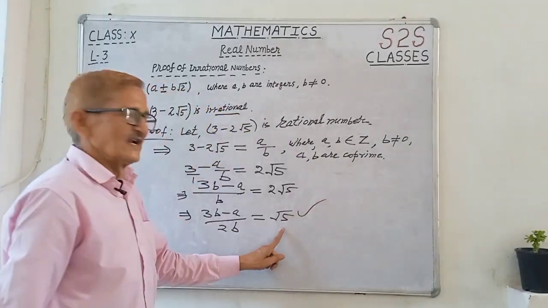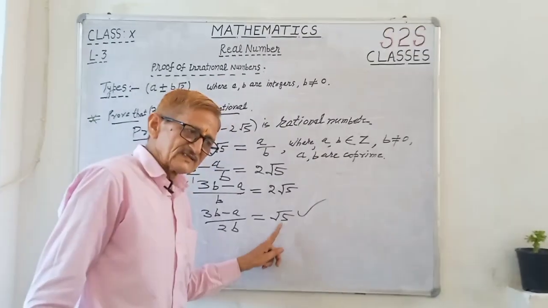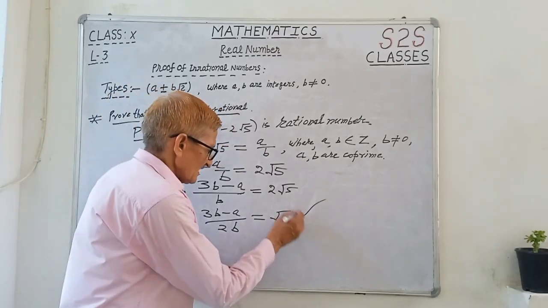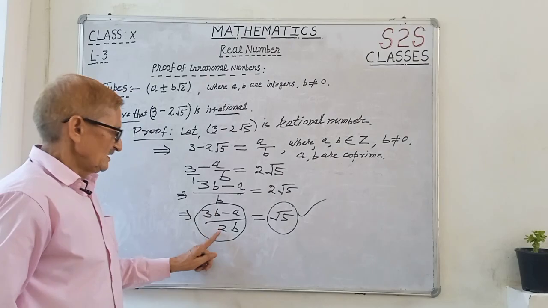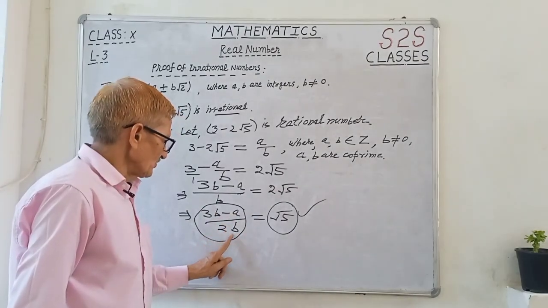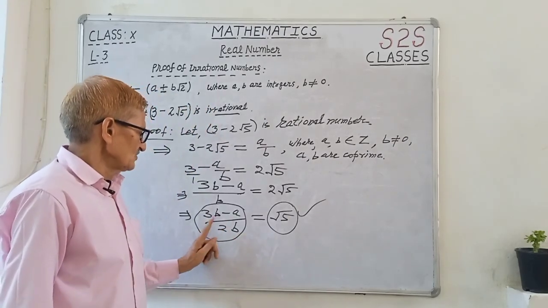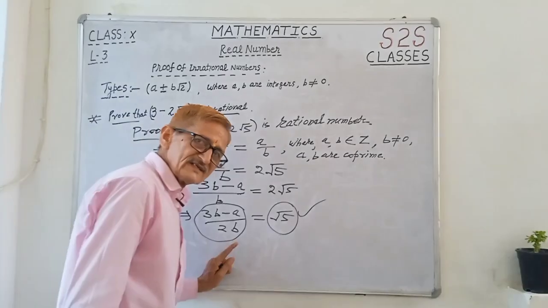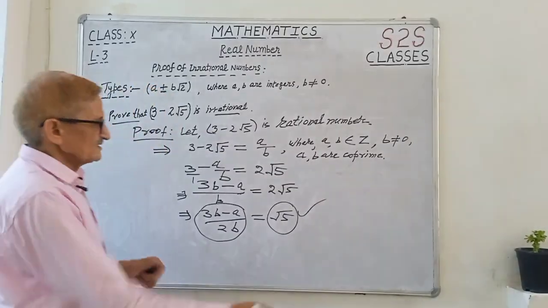Now it is a fact that √5 is an irrational number. So one side is irrational, so this side also must be irrational, but (3b minus a) upon 2b is not irrational. A and b are integers, so 3b minus a is also an integer, upon 2b is also an integer, integer upon integer, it is rational, so it is a contradiction.